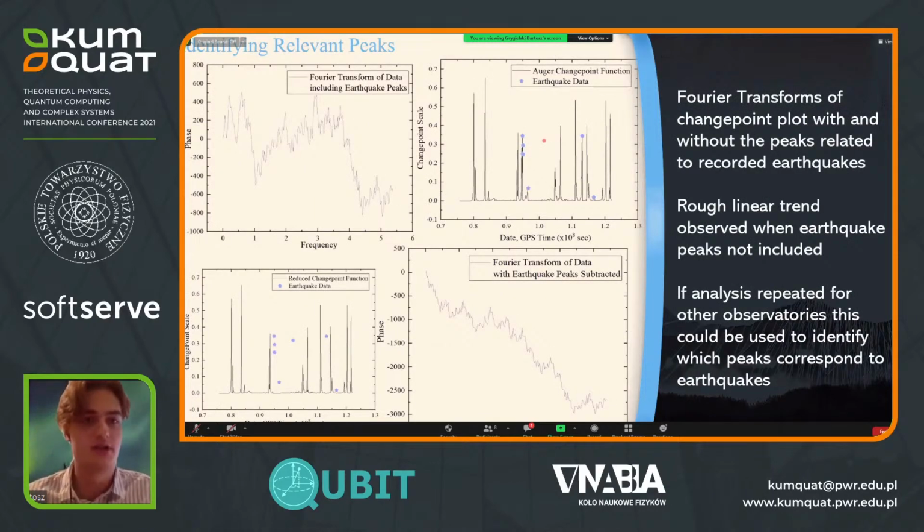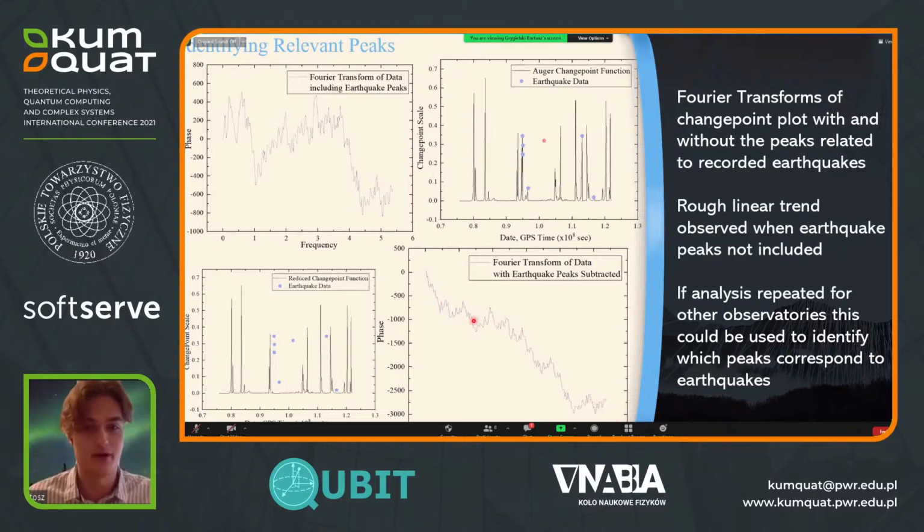And also we checked a Fourier transform of the earthquake data, with the peaks. And when we removed the fitting peaks from the signal, we got a nice downward linear trend.